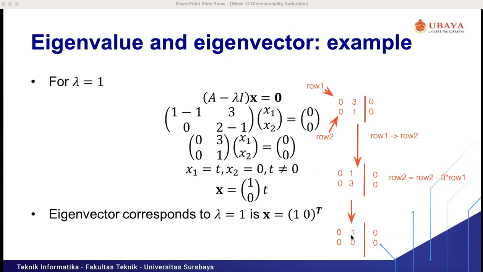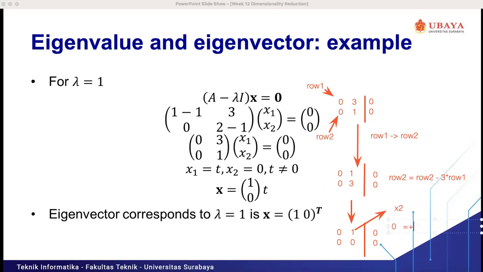This is the last step, because we already get 1 here. The 1 will be in x2, right? So this is x2. For example, this one, 0, 1, 0, it will be 0 plus x2.